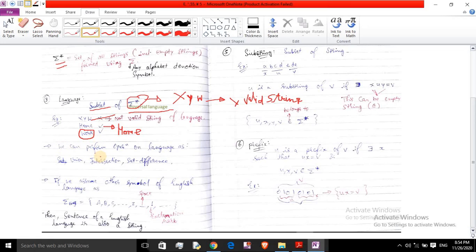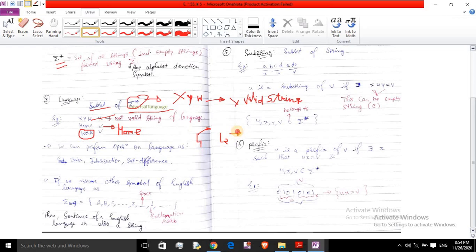We can perform many operations on languages. Suppose we have a language L1 and a language L2. Here I am talking with respect to the theory of computation subject. We can understand it by taking a simple example. Suppose this is an English language and this is a French language.